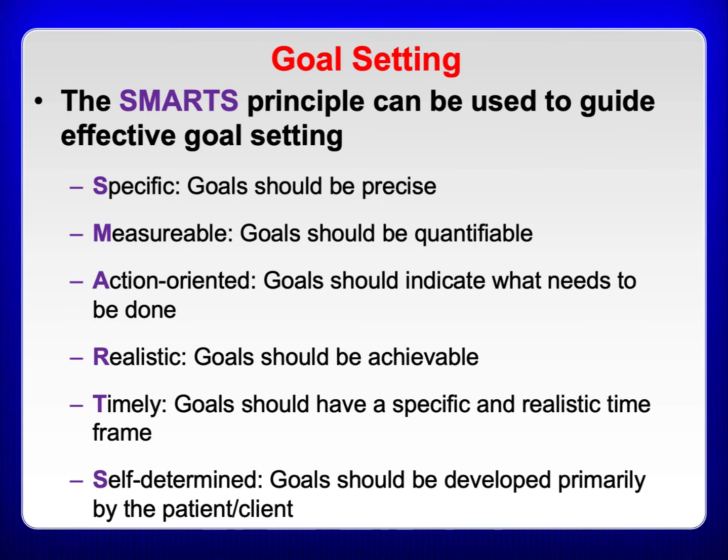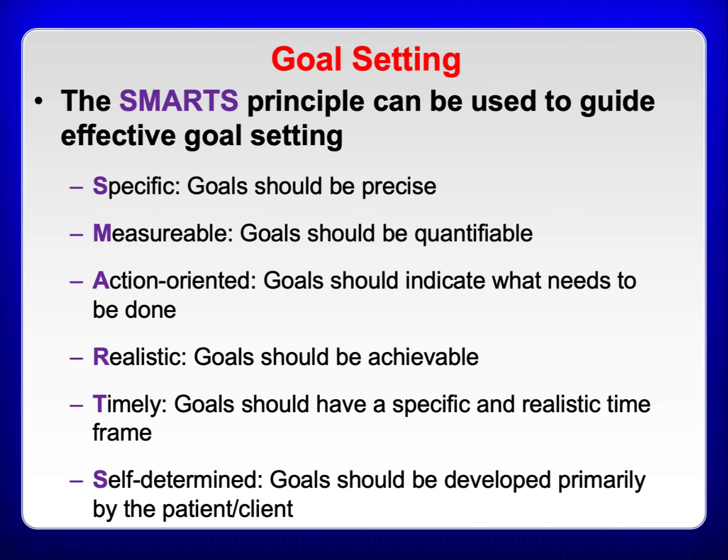The goals should be specific. So if you have a goal that says, I want to be more fit, that's not specific. It's hard to measure, which is the next bullet point. The goal should be quantifiable. With these two, you need to have things like, I want to run the mile in 7 minutes. I want to run the mile in 10 minutes, whatever.